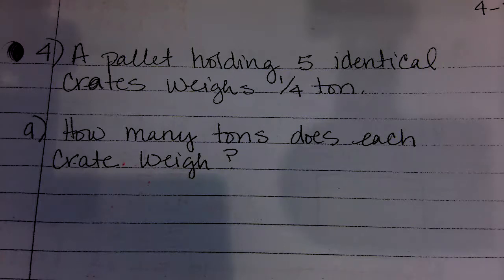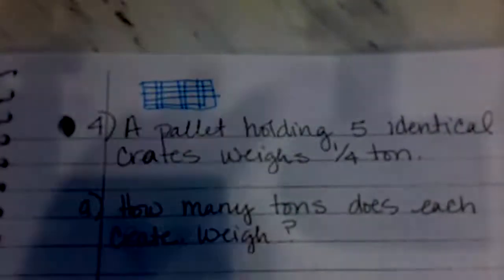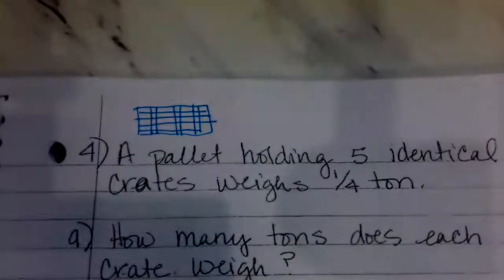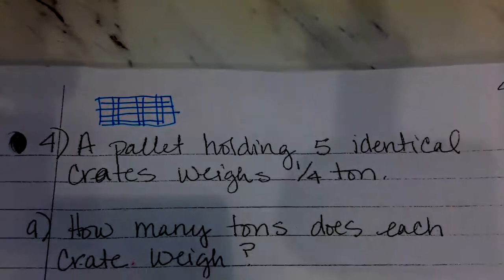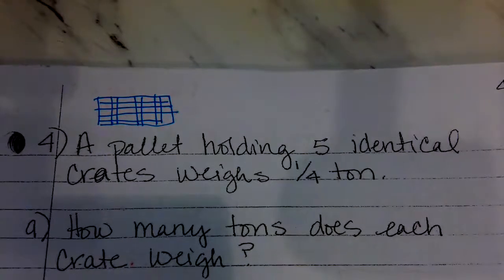Well, what do we know first? Well, a pallet is one of those square shipping platforms. It's flat and it's made out of wood, and then they stack things on top of it and wrap it with cellophane in order to ship things easily. So that's what a pallet is, number one.